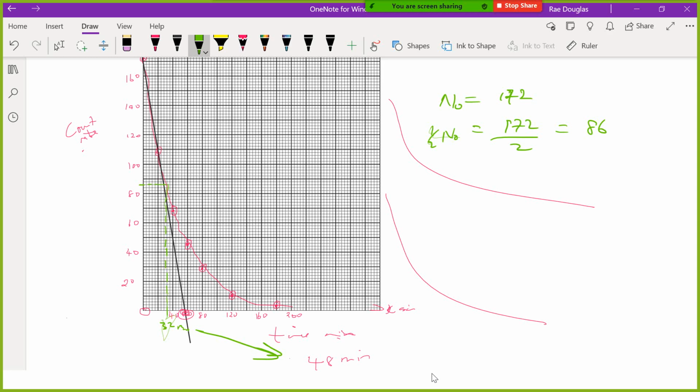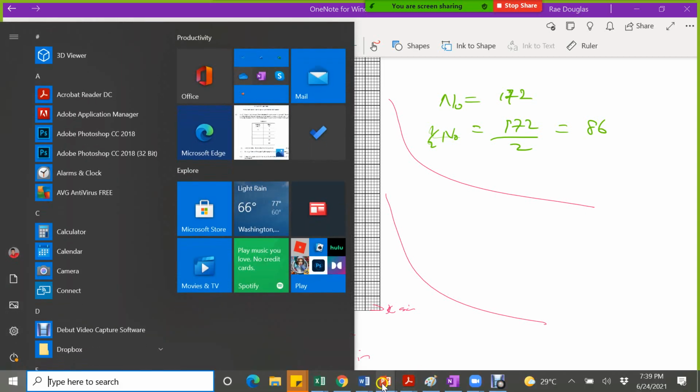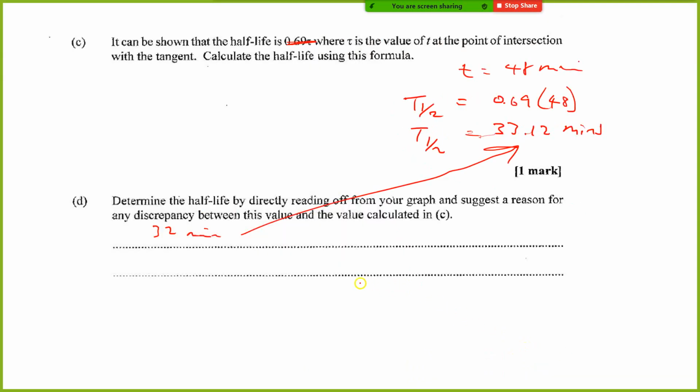Are you there? Sir, all of that was just in vain. It's recording, right? I think I'll just rewatch that part. It's recording. But I'm saying that you just read the graph as how I showed you how to find the half-life from the graph. So when you read the graph, you get this value, 32 minutes. Then the question continues.